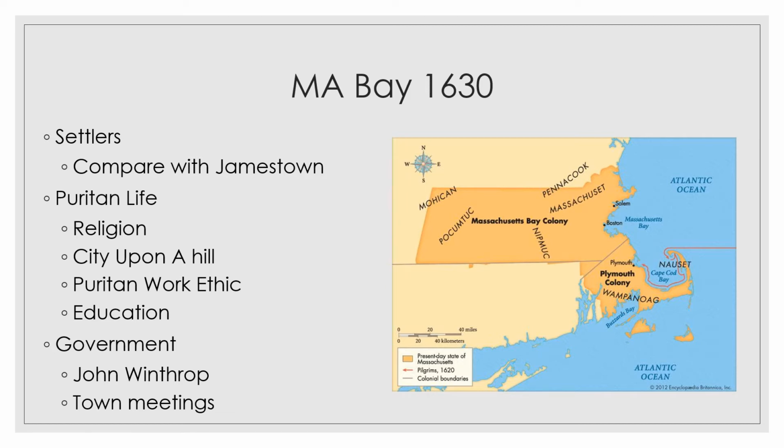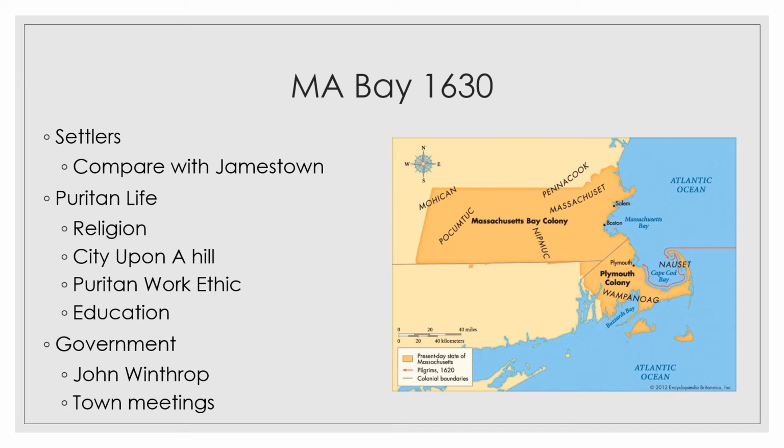Our Puritans are very devout, okay? Religion is key, okay? Every town had a Puritan church. You were expected to go to church on a regular basis. The ministers had a great deal of power and influence. They weren't necessarily government leaders, but they could influence government policy very easily.